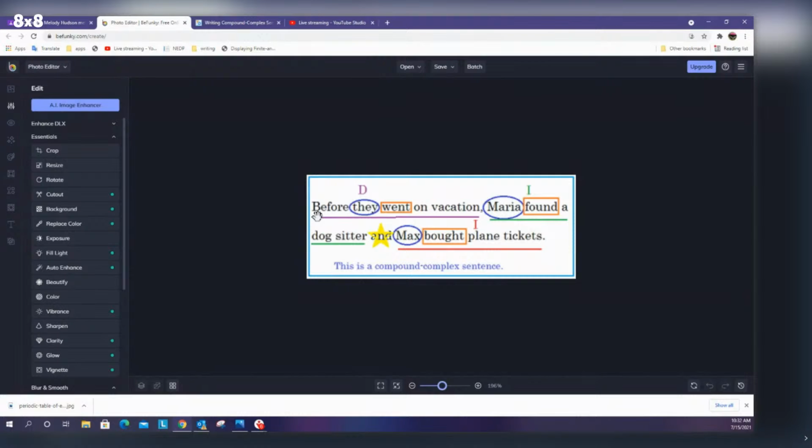A dependent clause is not a complete thought, and you have to have more after it. Before they went on vacation, this leaves you hanging for the rest of the thought. So you know this is a dependent clause.